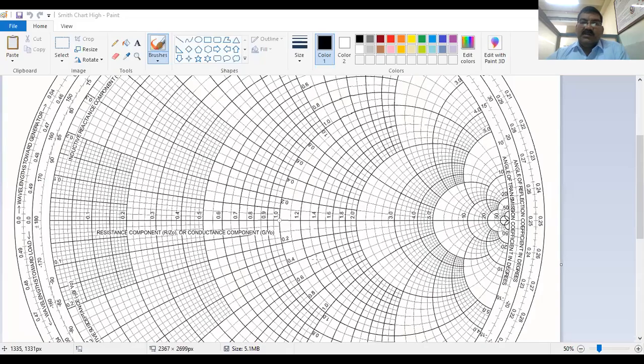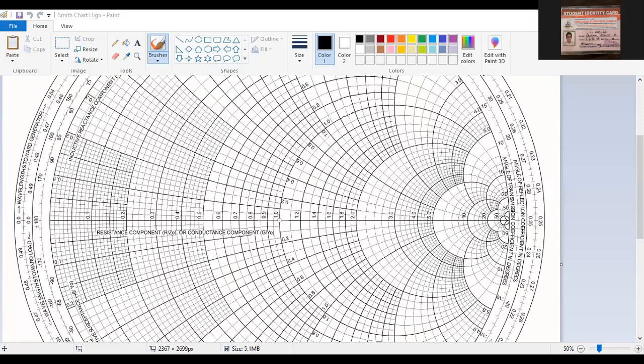This is the Smith chart, we will plot it here. I hope it is visible. Can anybody confirm? Yes, sir.